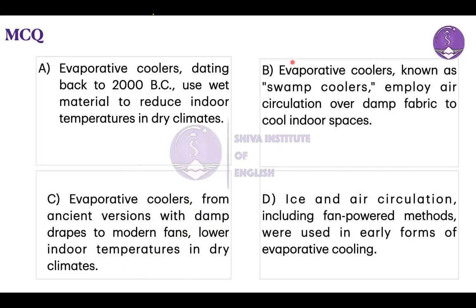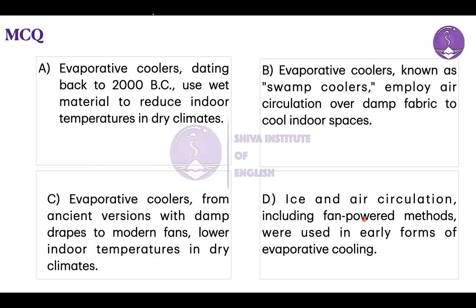No, actually. Option 3 mentions the transition from ancient methods to modern fans, but it does not explicitly mention the use of damp fabric or the alternate name of swamp coolers, right? Which we can find in option B, that we don't find in option A.